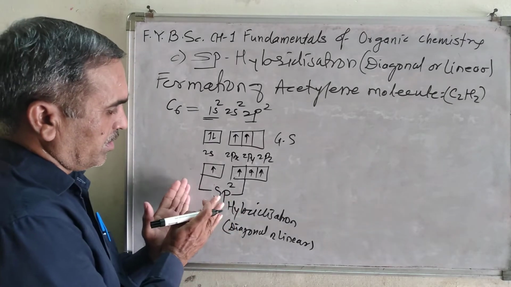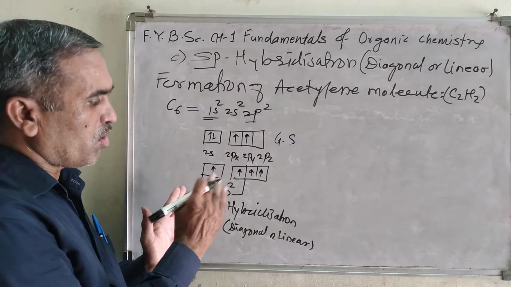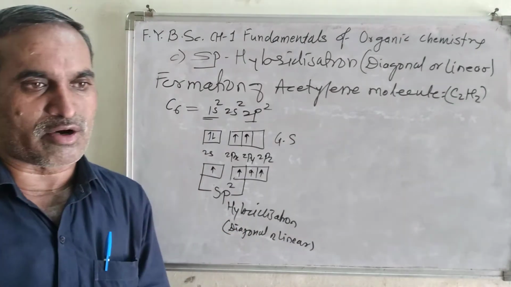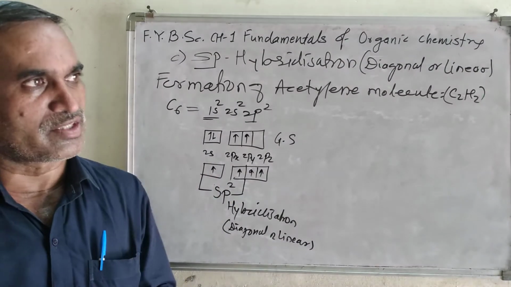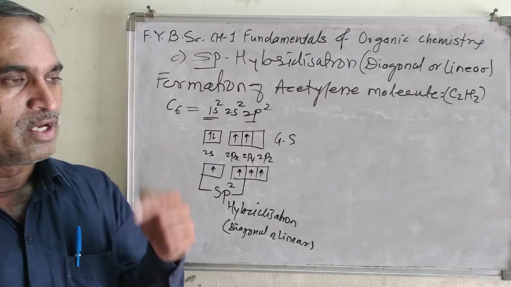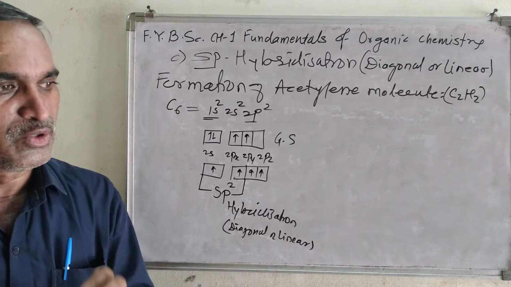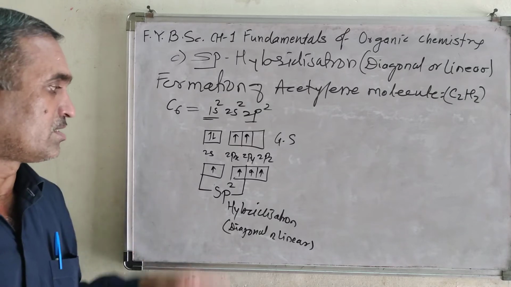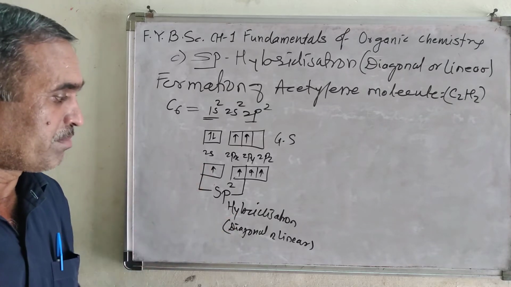Now look here, only 2 electrons are involved, according to our definition. The process of mixing and recasting of atomic orbitals of different energy in an isolated atom to overlap or hybridize to form new orbitals which are equal in energy is known as hybridization.